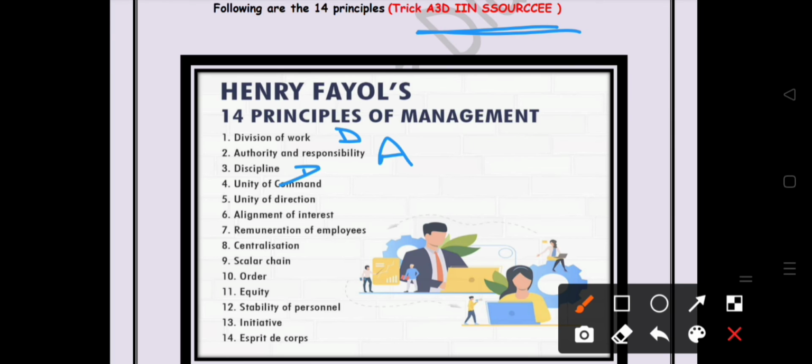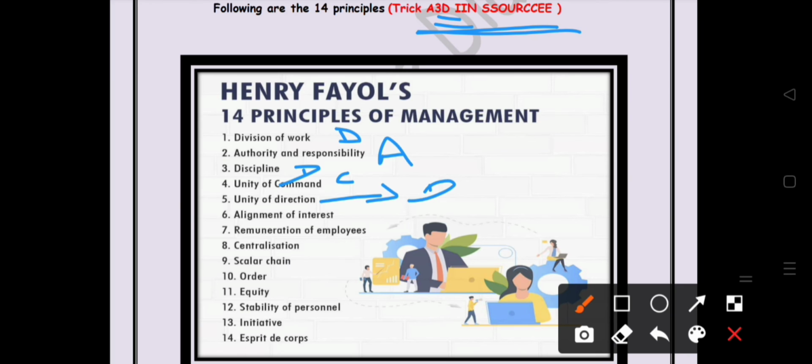Then unity of command, so C for the command over here. Then unity of direction. Again the D is coming over here, so we will put a D over here. So here we have covered all 3 Ds, as I have written here, 3D. D for the division, D for the discipline, and D for the unity of direction.